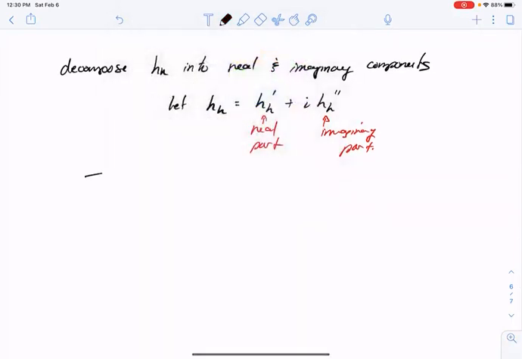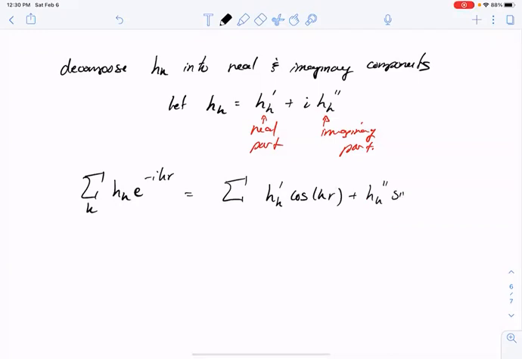Thus, the Fourier representation of h of r, rather, can be written as h of k prime times cosine of k dot r plus h of k double prime times sine of k dot r, where now this is over a set of wave vectors that are unique, excluding the negative of a set of wave vectors.